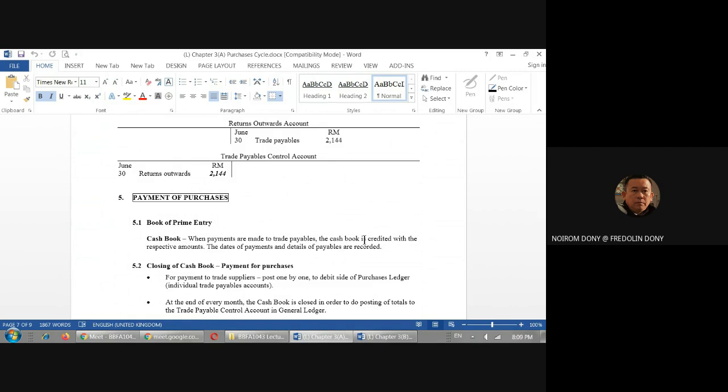Cash account and bank account are classified as assets, a debit item. So when we make a payment, it reduces the amount in the cash column, also in the bank column. So that is why it is being credited. The dates of the payment and details of the payables are recorded.